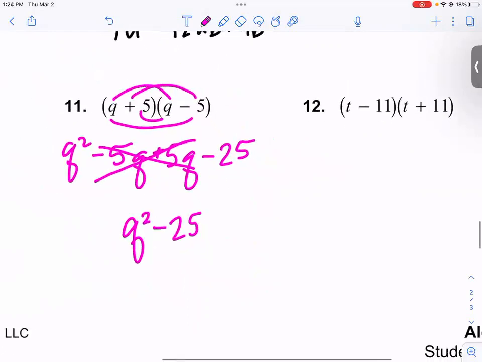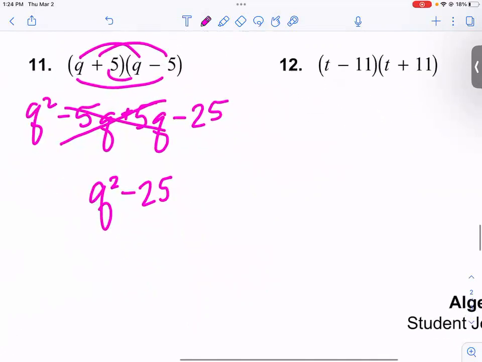Okay. All right, Peyton, what would the product be here? t squared minus 121.